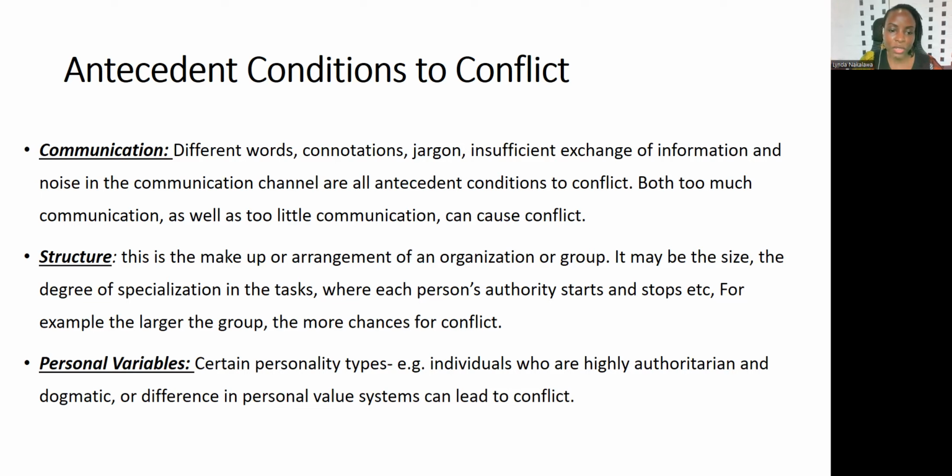Then we also have personal variables. Some personality types, there are those people who are highly authoritarian, who rule with an iron hand, or so dogmatic that they follow the letter. They follow everything, the rules to the letter.